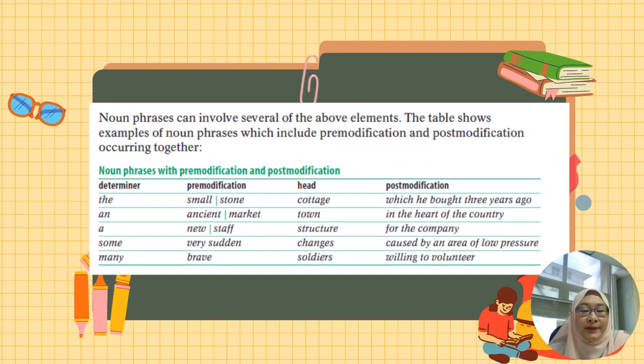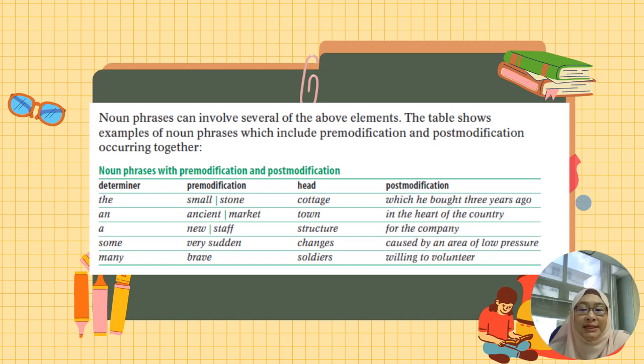Alright, in this image I have listed out all the ways a noun phrase can be pre-modified and post-modified. For example, number one, the small stone cottage which he bought 3 years ago.